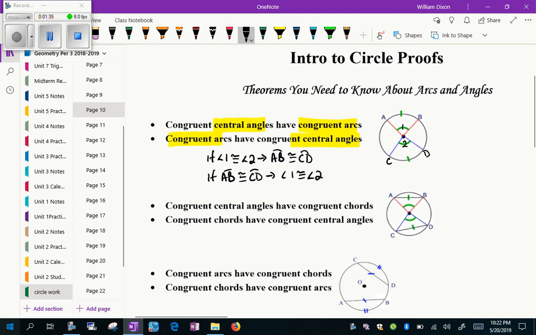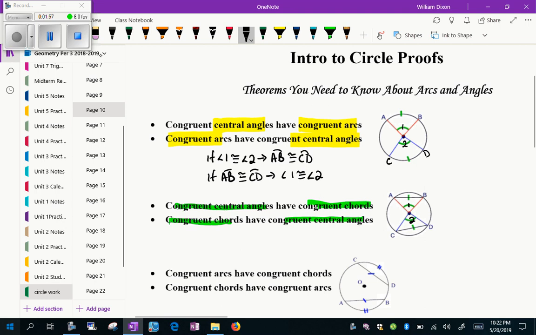All right, our second theorem says that congruent central angles have congruent chords, and congruent chords have congruent central angles. And this one, once again, I'm going to give my angle 1 and 2.